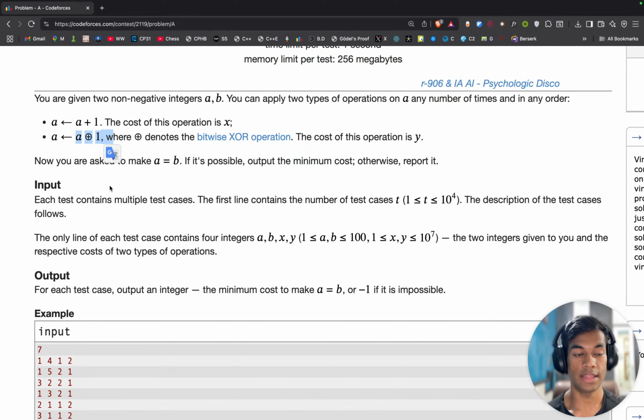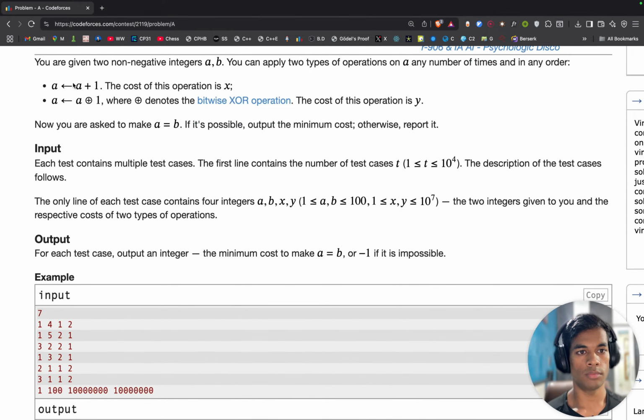XOR with 1 would mean that a would become a plus 1 if a is even, that is, if there is a 0 at the least significant place, then taking XOR with 1 will make it 1, and a would be increased by 1. And if there is a 1 at the least significant bit, LSB, then a would be reduced by 1.